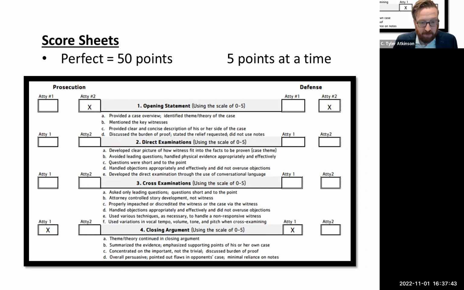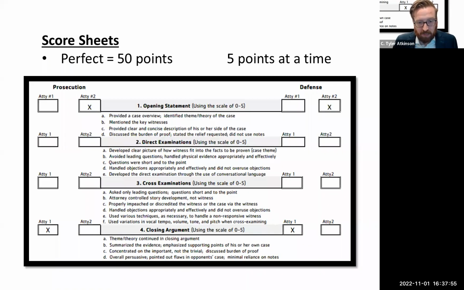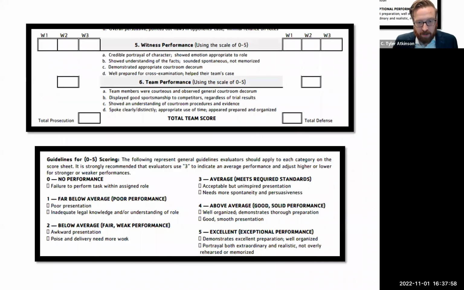They're responsible for 15 points apiece. The witnesses are each responsible for their own 5 points, so 15 total, and then there's an overall team performance. So each attorney is responsible for 15, 30 total, and then the other 20 come from the group performance and the witnesses included in that.